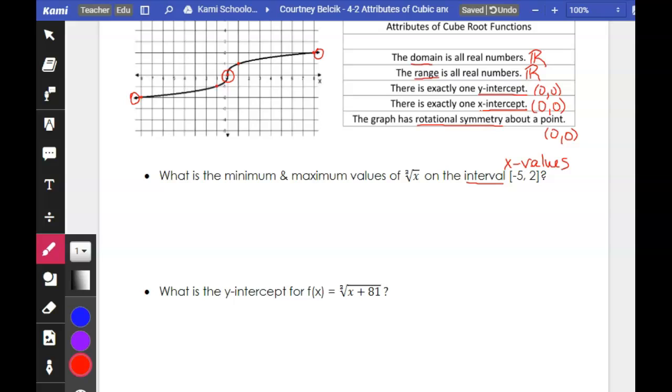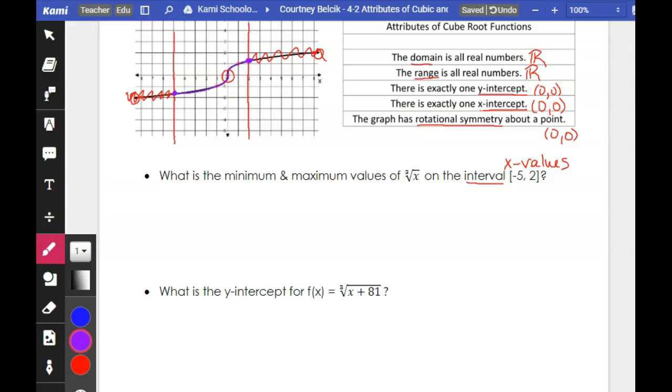On the graph, -5 is 1, 2, 3, 4, 5 right here. So we ignore everything outside of the interval. And 2 is right, where is it? Here. So we ignore everything outside. We're only concerned about this stuff that is inside of the interval.